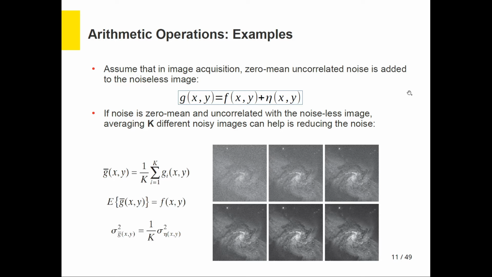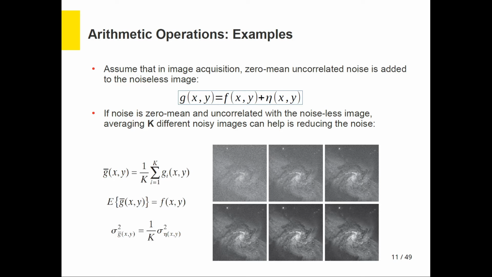So we can model the image that we acquire as G, the summation of a noiseless image plus a noise only image. We consider this noise to be zero mean and also uncorrelated with the noiseless image, so the amount of noise is not different for pixels with various intensity values.